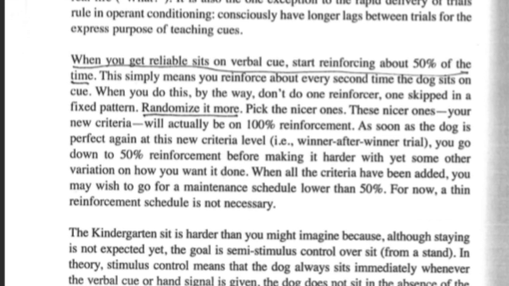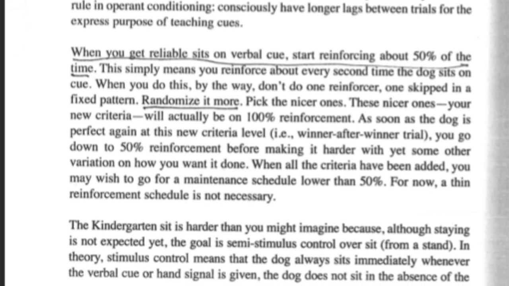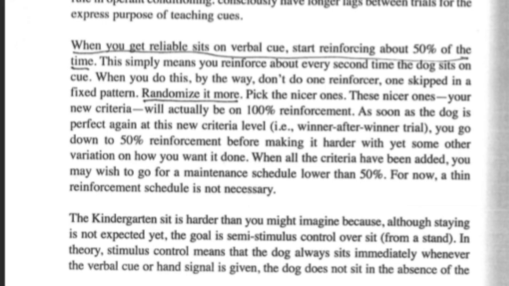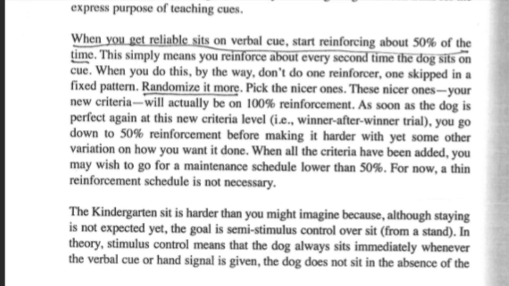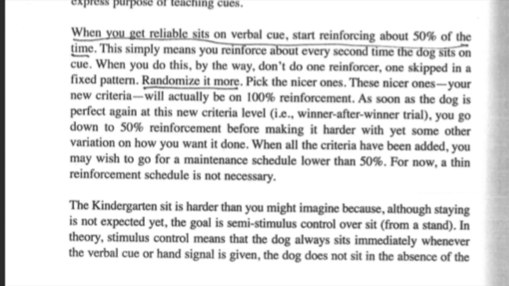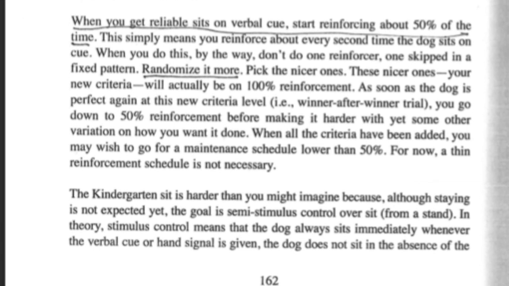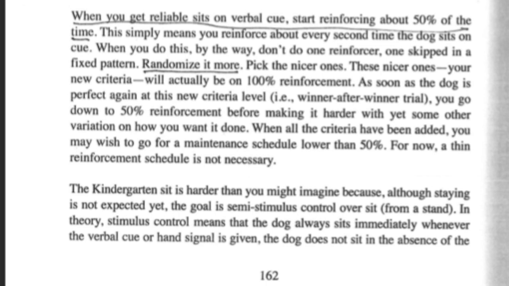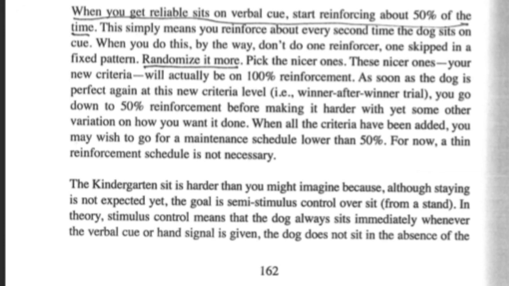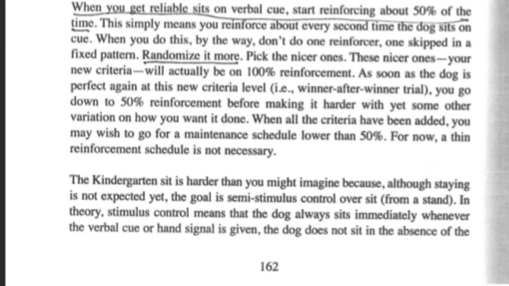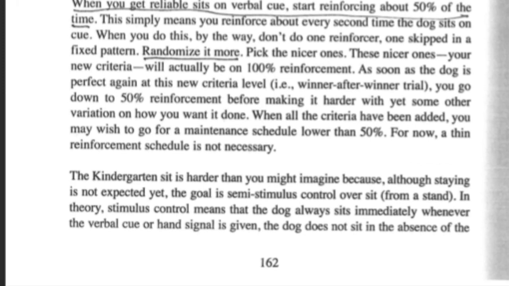As soon as the dog is perfect again at this new criteria level, winner after winner trial, you go down to 50% reinforcement before making it harder with yet some other variation on how you want it done. When all the criteria have been added, you may wish to go for a maintenance schedule lower than 50%. For now, a thin reinforcement schedule is not necessary.